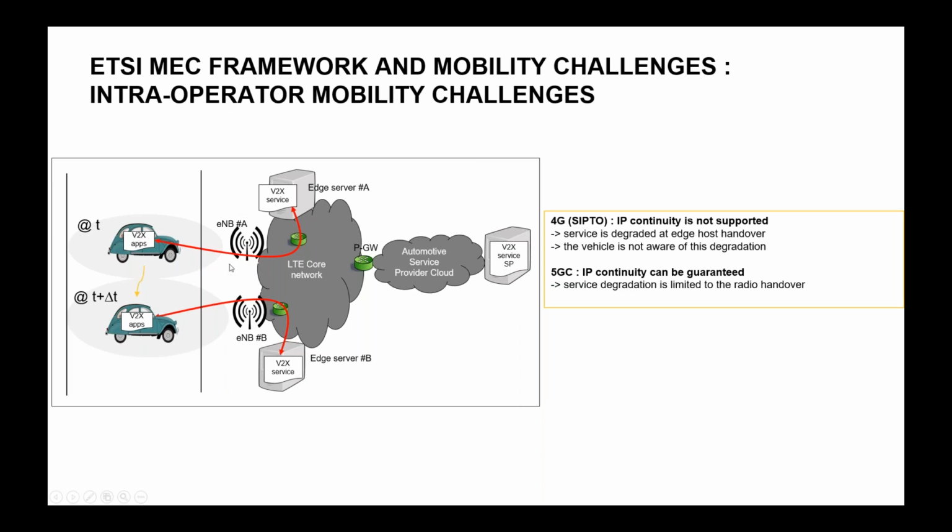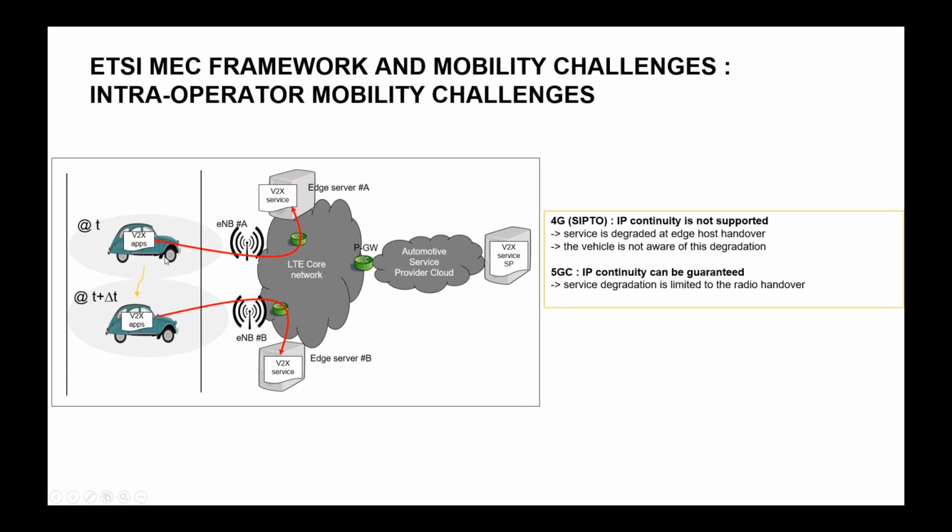It's, I would say, transparent: the vehicle will do what it has to do to reestablish the IP connectivity on this new base station, but the service will possibly be interrupted for a few hundred milliseconds to 1 second.